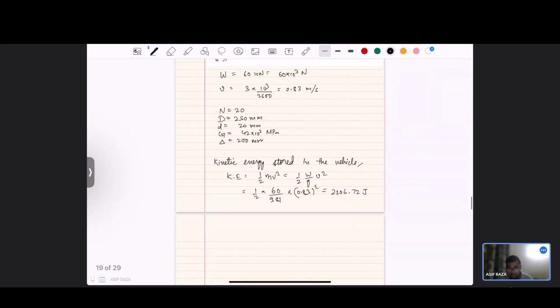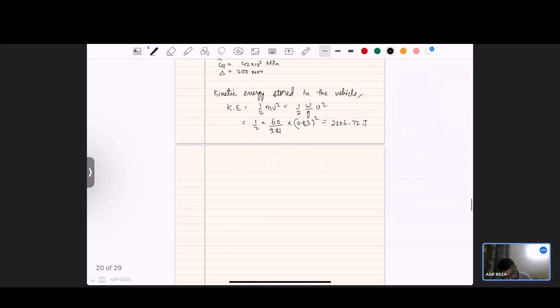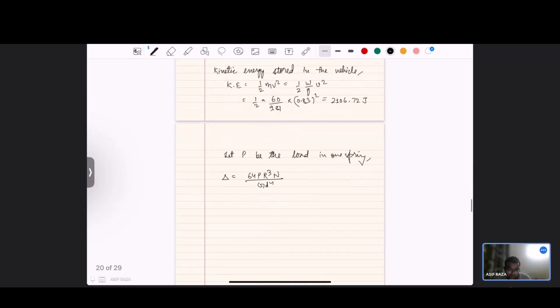Further, let P be the load in one spring. The compression in it is given by 64 PR cube N upon GD to the power 4.